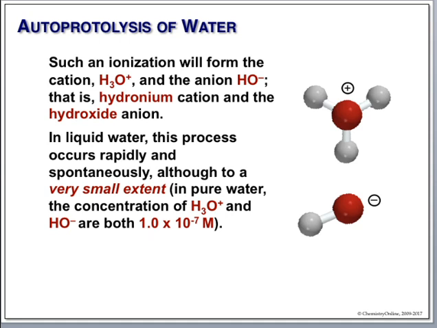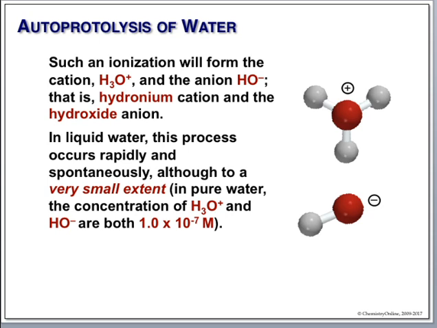This is referred to as the autoprotolysis. If you have absolutely pure water, most of it is just plain old H2O, but there will always be 1 times 10 to the minus 7 moles per liter of hydronium and hydroxide.